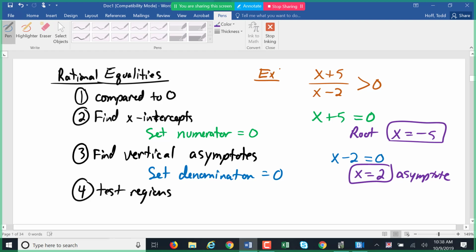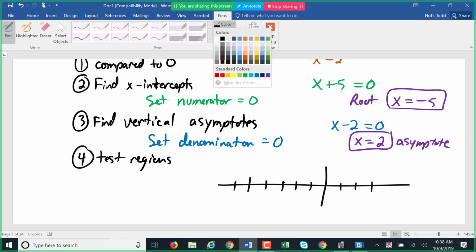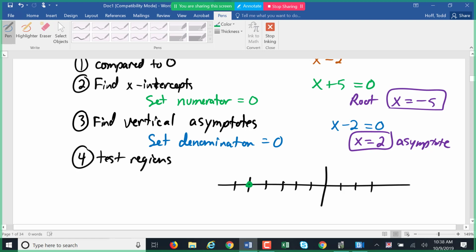So when I look at my graph, my x-axis of my graph, I have a root at negative 5 and a vertical asymptote at 2. Those divide up my graph. So I have the region here. I'm going to have a negative 6, 0 is in here, and positive 3 are the points I'm going to test.